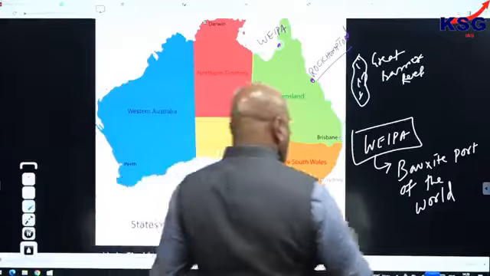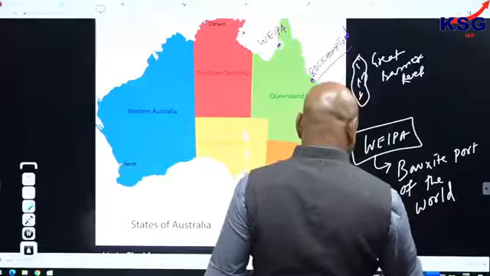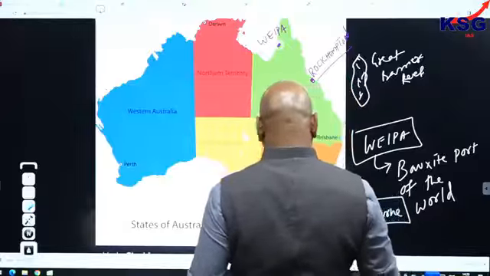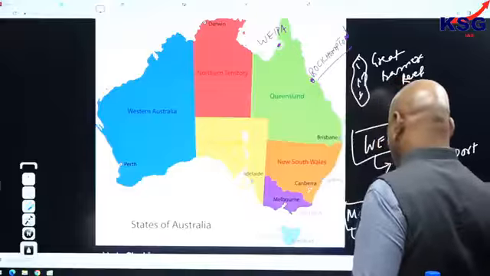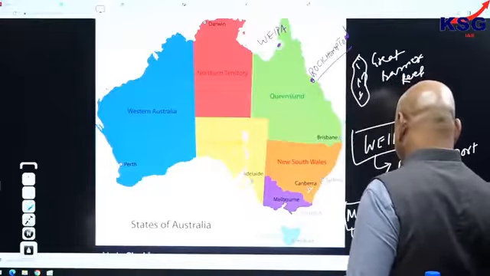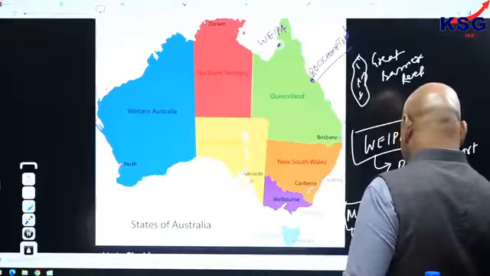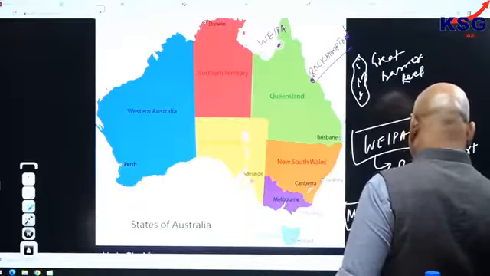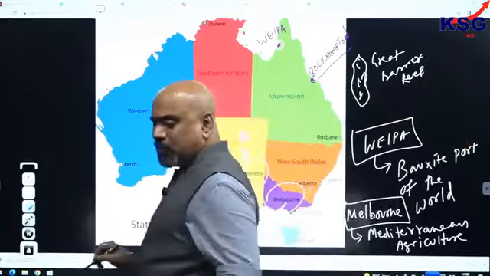Melbourne is, oh, you know about the cricket, but Melbourne is also known for Mediterranean agriculture. Melbourne and Adelaide, both are known for Mediterranean agriculture.